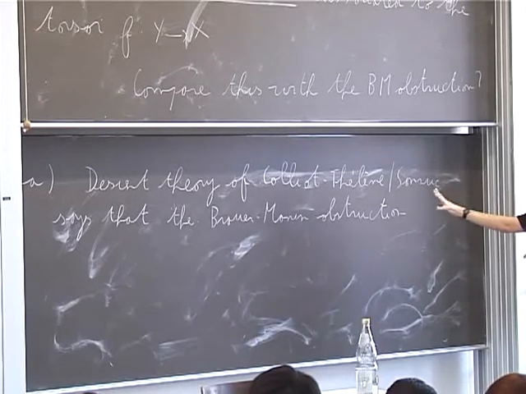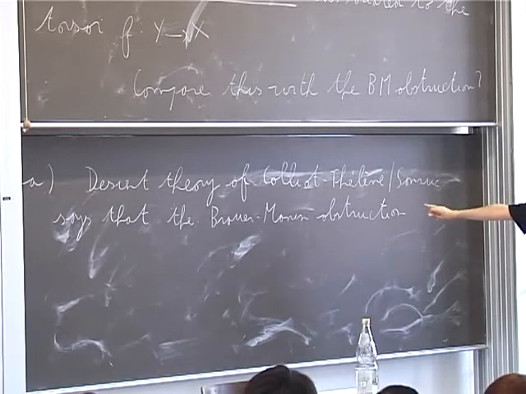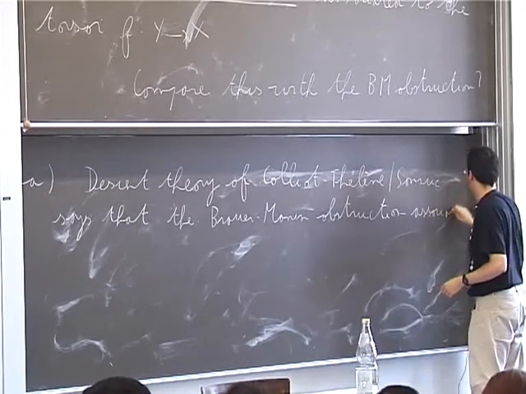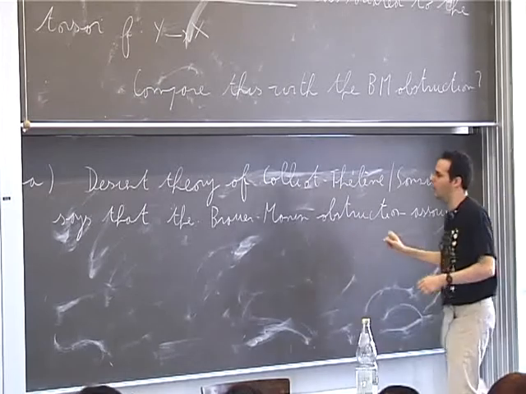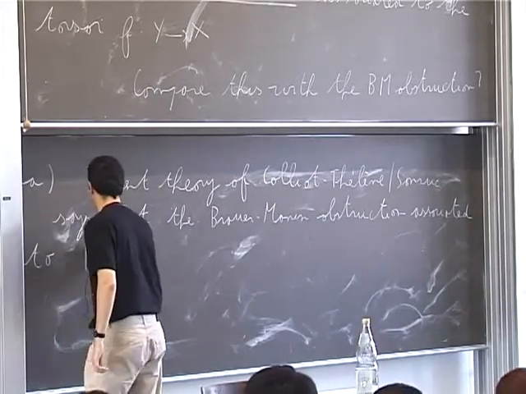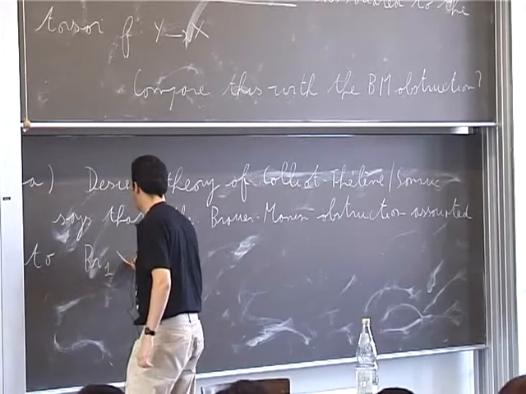And this statement should be refined. You have to consider the Brauer-Manin obstruction associated only to a part of the Brauer group, to Br_1(X).